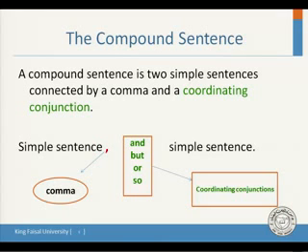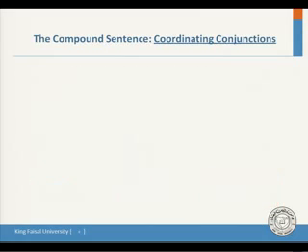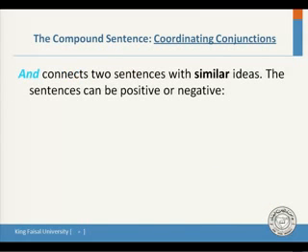Now, this slide is from the previous lecture. It's about compound sentences. You remember that a compound sentence consists of 2 simple sentences, and in the middle we have a comma and a coordinating conjunction. You remember this from lecture 10. This is also from lecture 10.